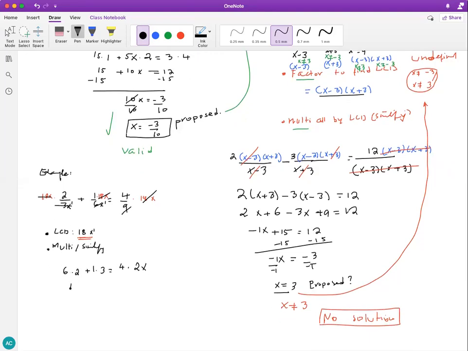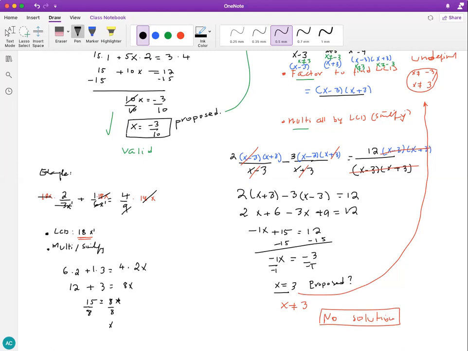So we have 12 here, plus 3. Over here we got 8x. This is 15 and 8x. We want to find x, so we're going to divide by 8 to cancel the 8.